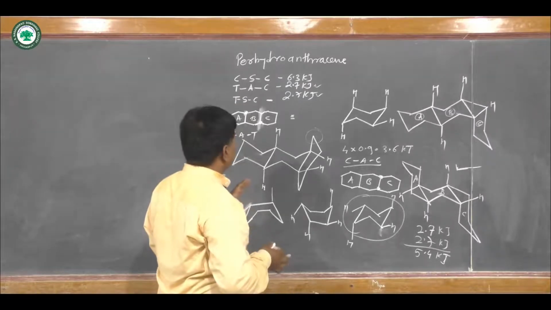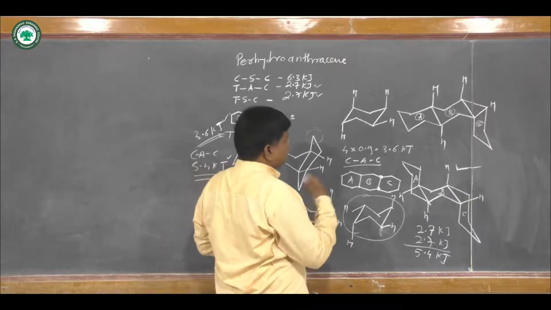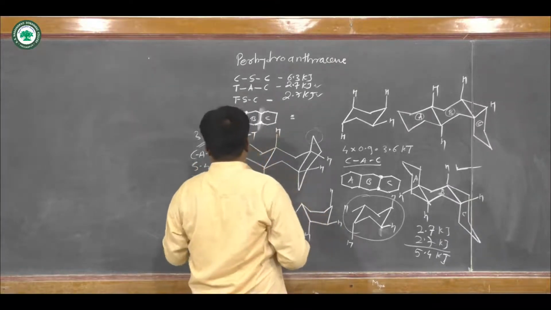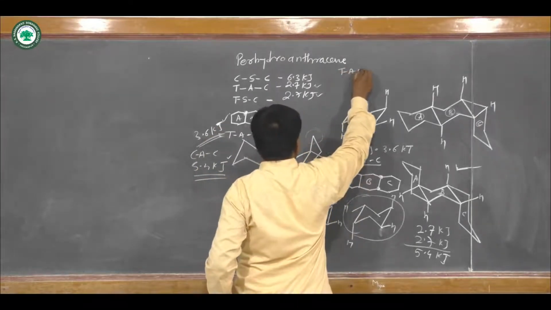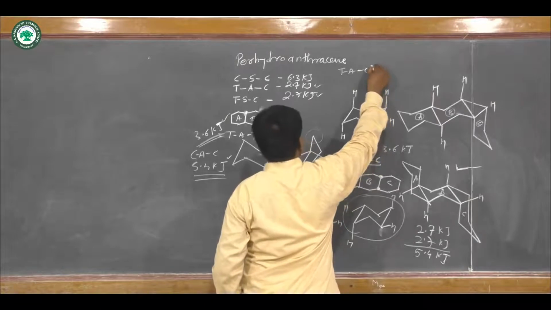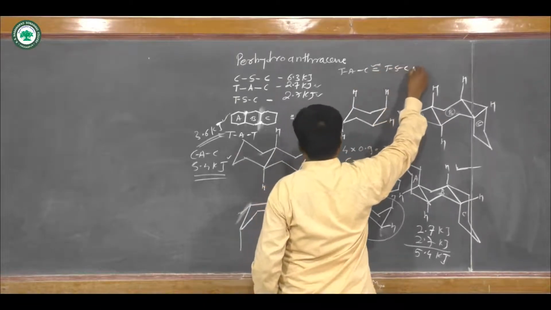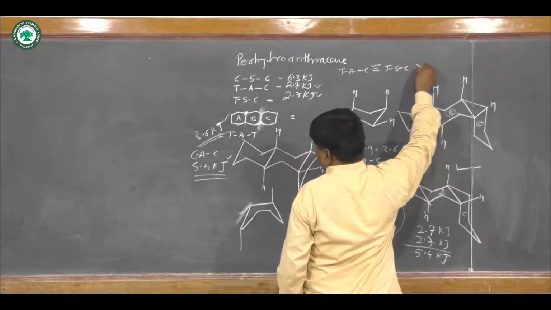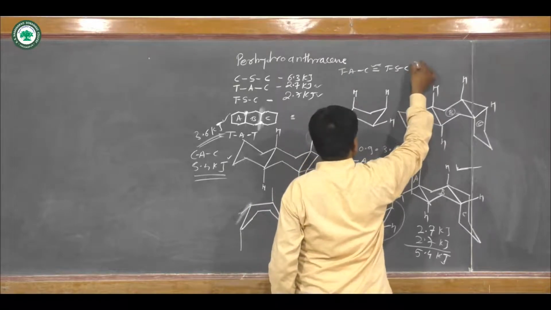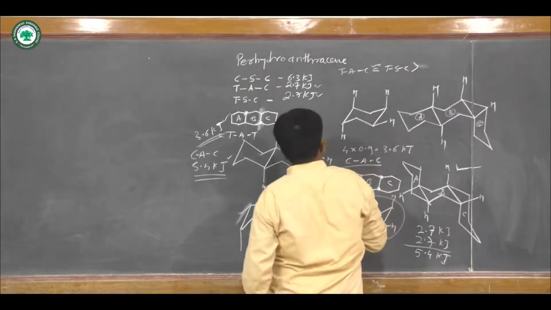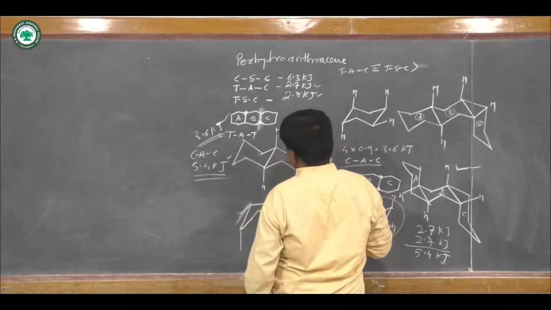At that time the more stable structure we write first, so it is decreasing stability order. So the less energetic structures, which ones are TAC and TSC, both having the same energy, so we write here TSC. Then these are more stable, both the structures. Then the next one is TAT.